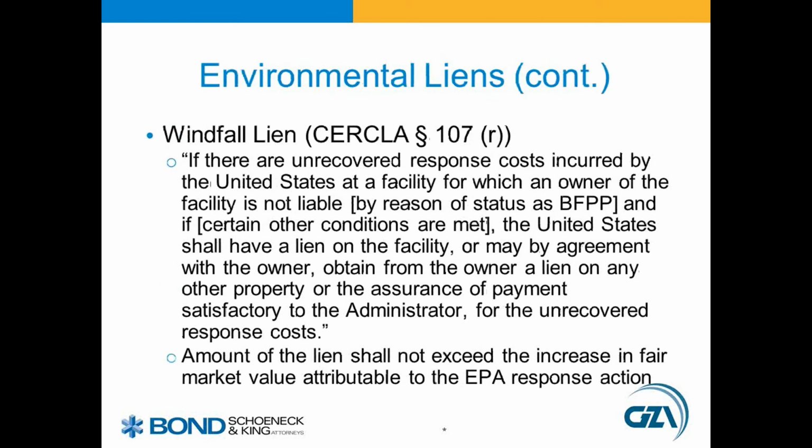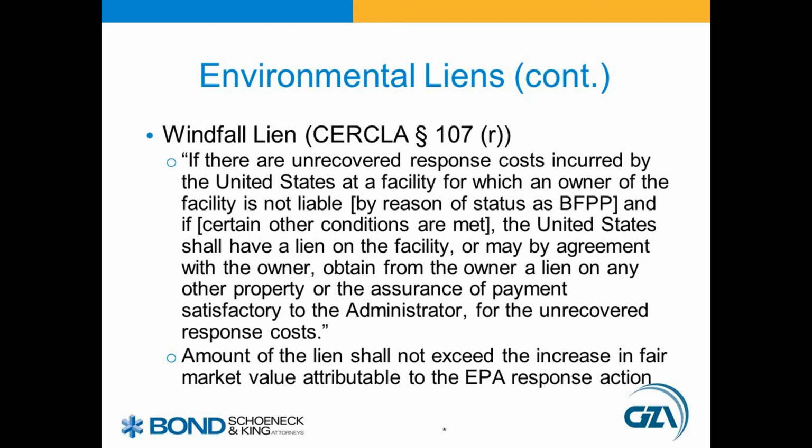The second one comes in the category of that bona fide prospective purchaser who is able to purchase the property even though there is contamination. And as noted in our March 5 webinar, there are certain obligations that that BFPP must comply with, including allowing the EPA to come on the site and continue with remedial effort and allow certain reporting and access, etc., to proceed so that the property can be cleaned up.